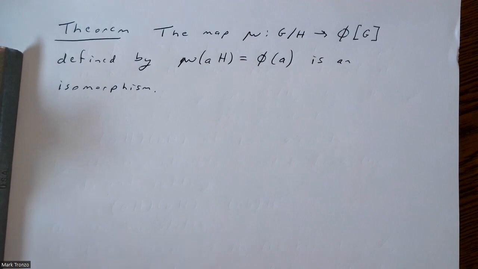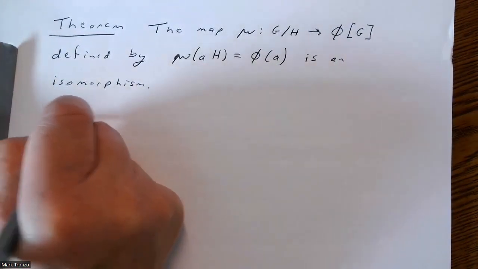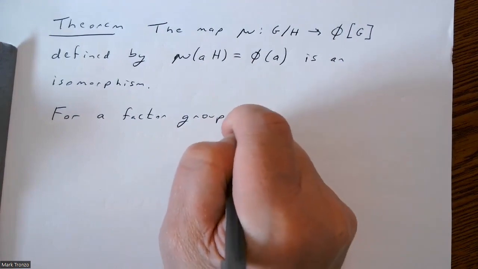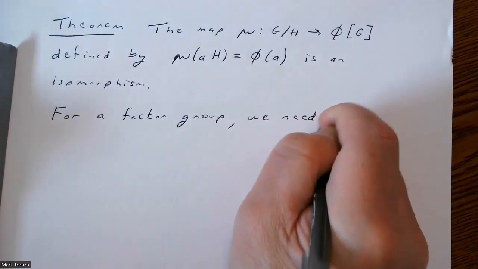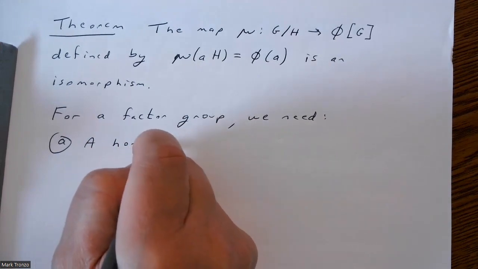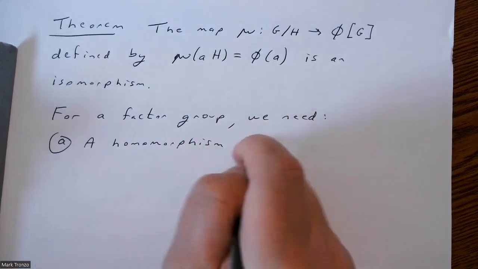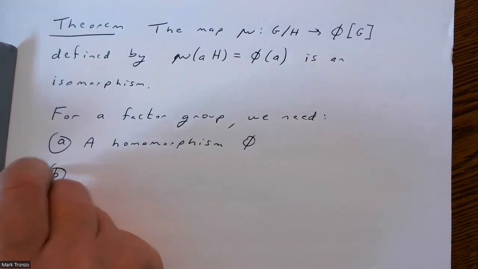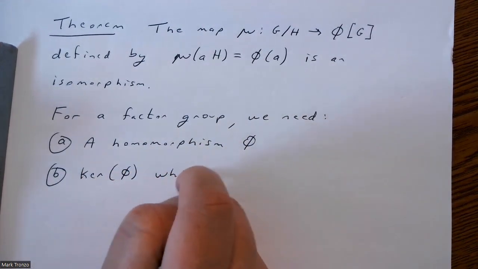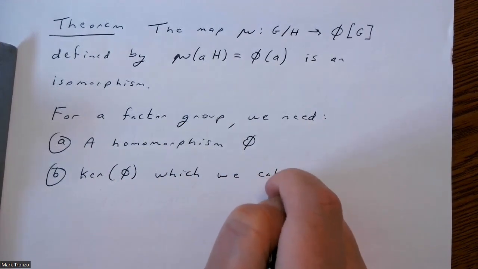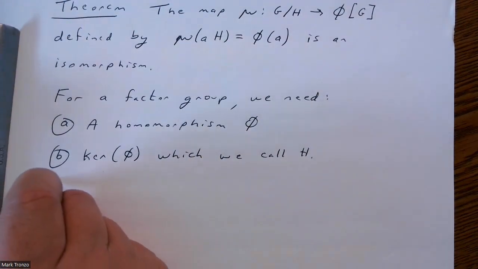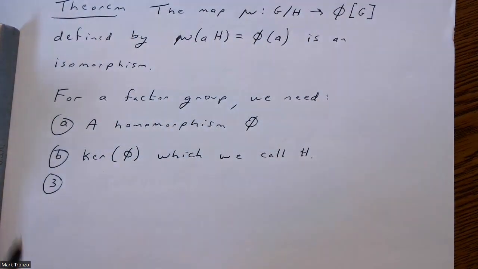And so let's just note a couple other things here. For a factor group, we need a homomorphism phi, we need the kernel, which we call H, and we also need the cosets.